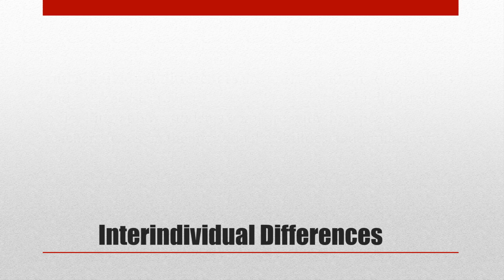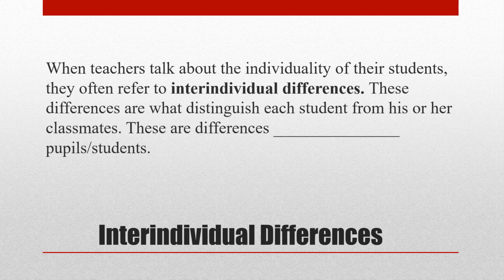When teachers talk about the individuality of their students, they often refer to inter-individual differences. These differences are what distinguish each student from his or her classmates. These are differences blank pupils or students.